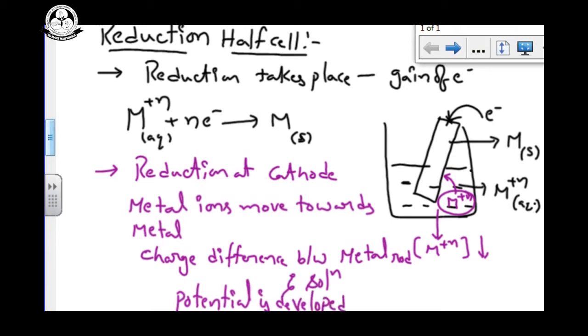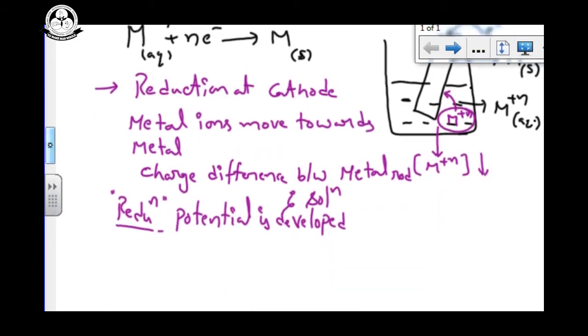What potential is developed? Since this is reduction, it is called reduction potential. The potential developed between the metal rod and the metal ion solution is called reduction potential.